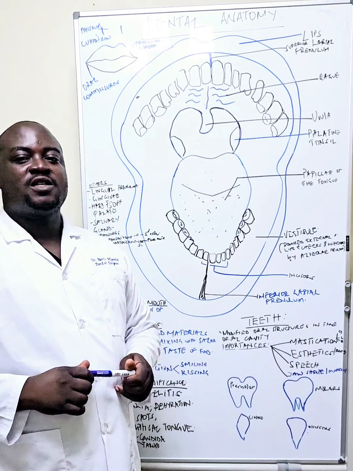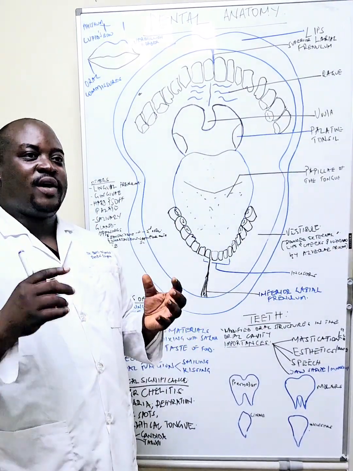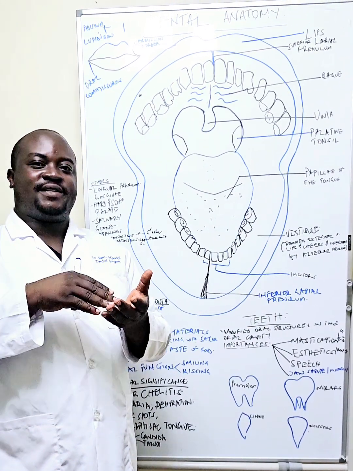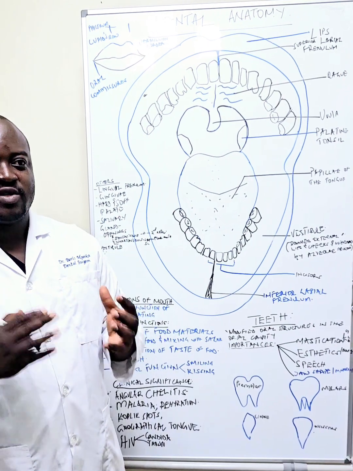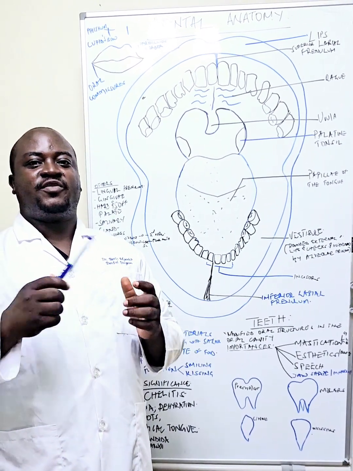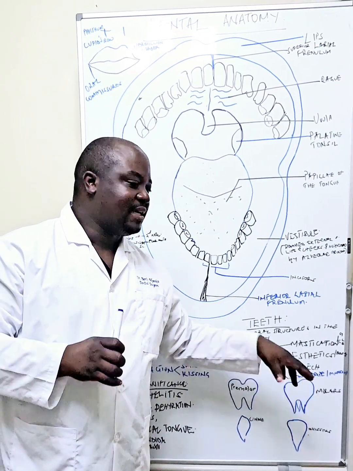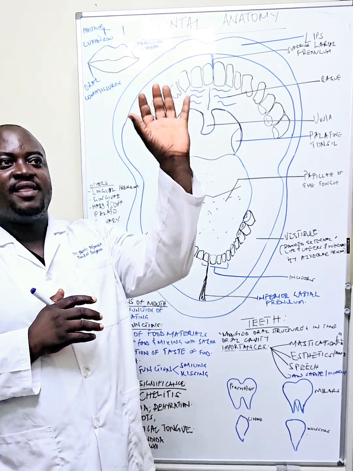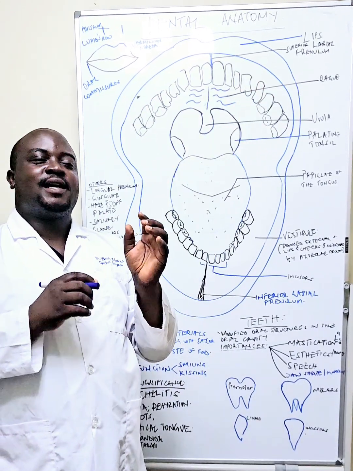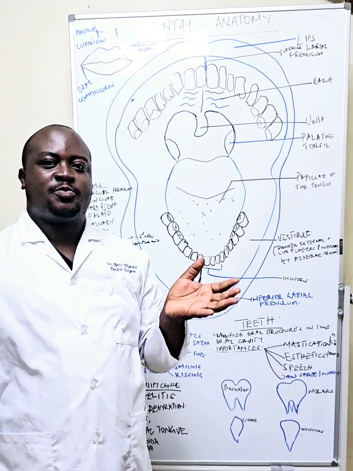Speech. Speech, we are talking about phonetics. When the upper teeth and lower teeth are in the oral cavity, we shall have sounds being produced, what we call phonetics. When people have teeth not in order, for example, in the next videos, we shall find that some people who do not have teeth, some sounds are not produced.